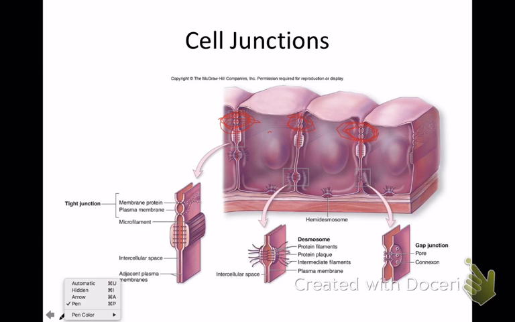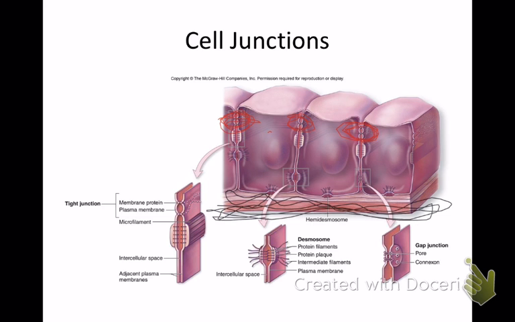Okay, why does that matter? Does this cell need to have extracellular fluid? Can extracellular fluid flow through the basement membrane? Oh, absolutely. So when you think of basement membrane, think of it like a piece of fabric. Can it get wet? Can it have fluid flowing through it? Yeah.